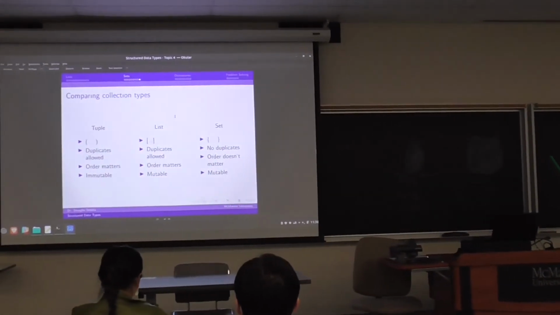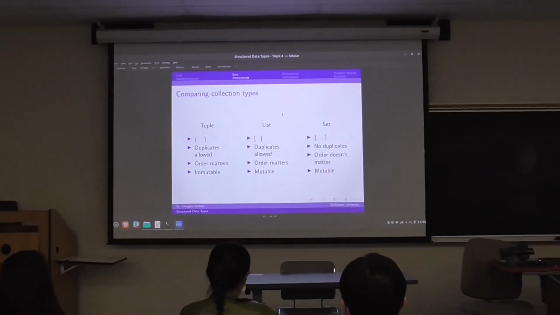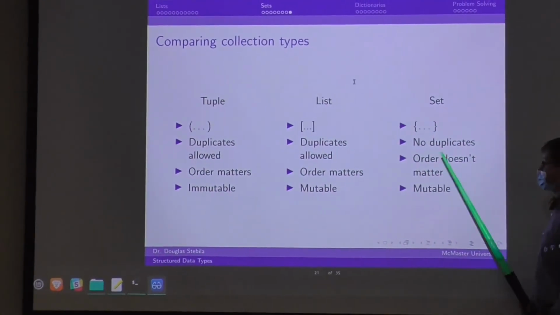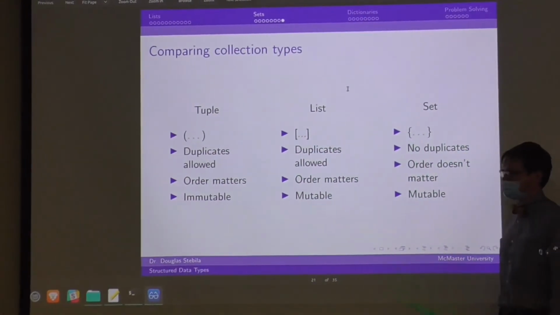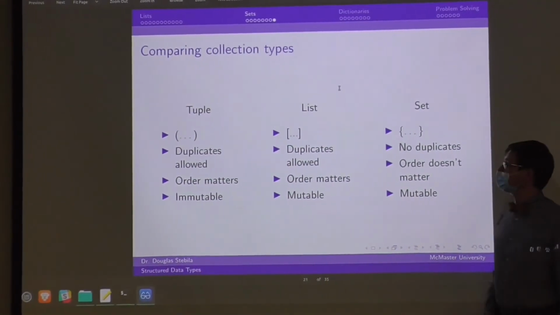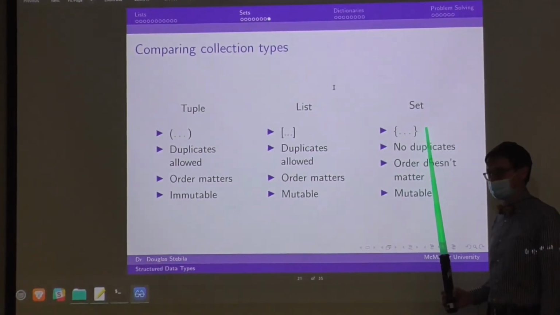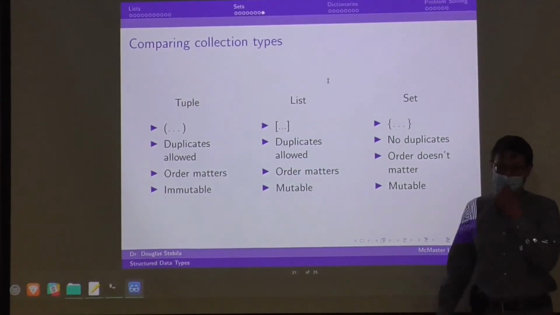So here's our summary so far. We have talked about tuples, lists, and sets. They use round, square, and curly braces, respectively. Lists and tuples permit duplicates, sets do not. Ordering matters in tuples and lists.